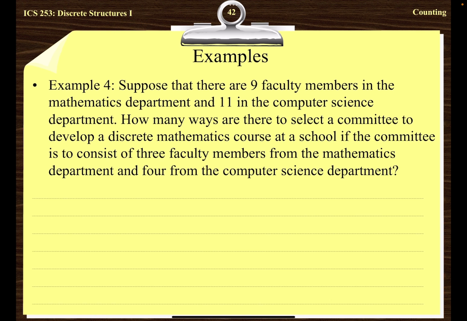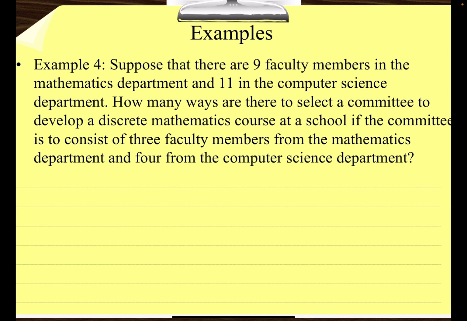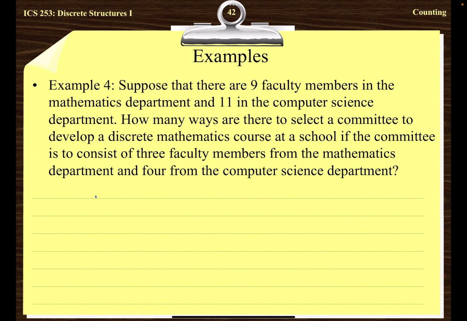It says 9 choose 3 multiplied by 11 choose 4, which is, by the way, the same as C(9,3) times C(11,4). So first of all, why did you use the product rule? Because we have like P1 and P2.